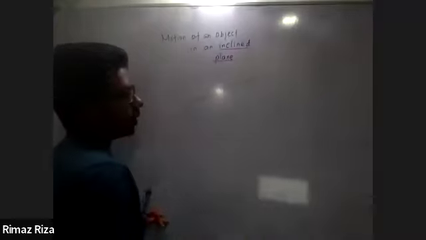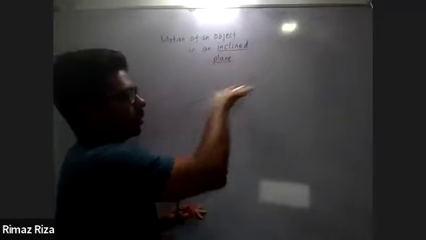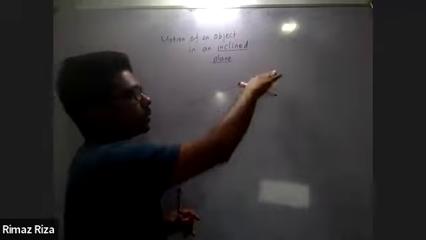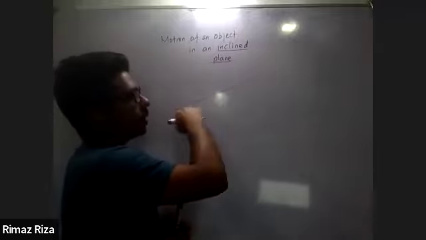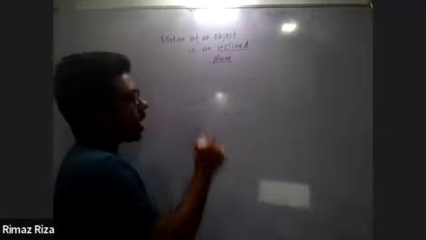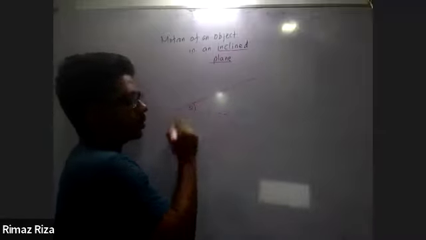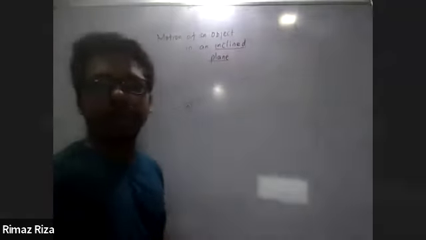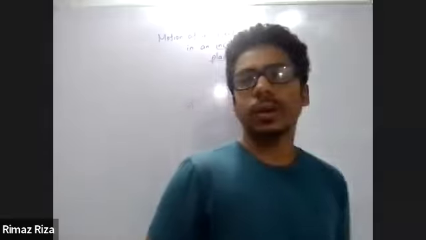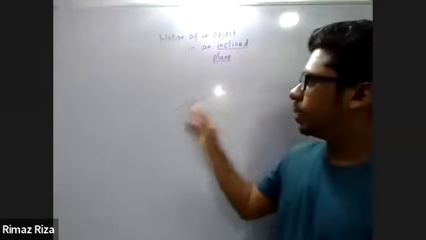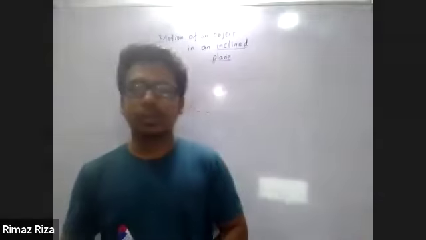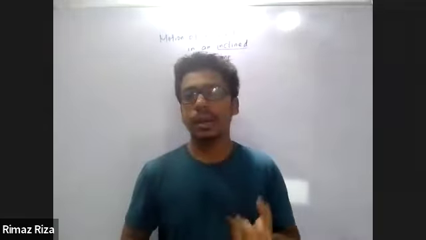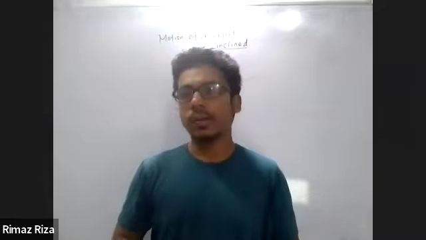So we have a plane, it could be the floor, or a board, or a road, okay? Anything, but it is making some angle with the horizontal, so we can call it an inclined plane. So today we are going to discuss the motion of an object in an inclined plane. So we can start with the question.